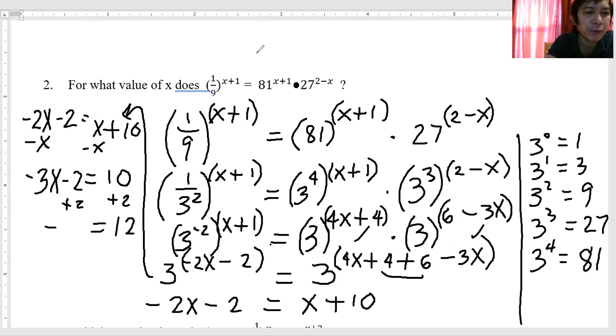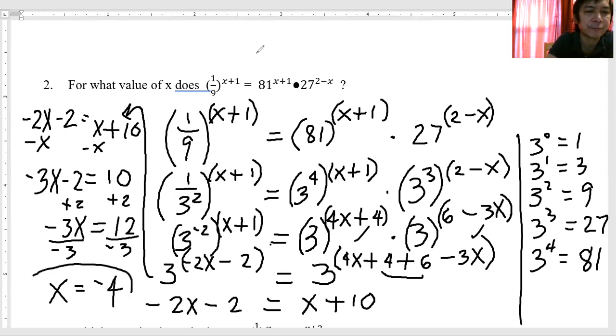And we have negative 3x, and we're going to divide this by negative 3, and we have the x already at this point. This is now negative 4. And we have the answer: x is equal to negative 4. That answers our number 2.